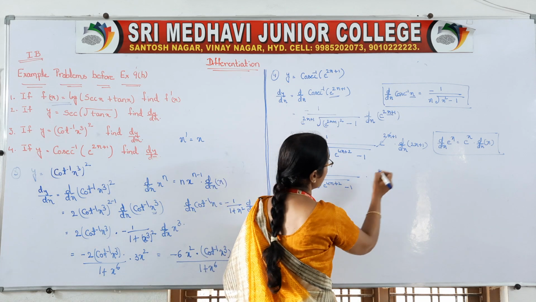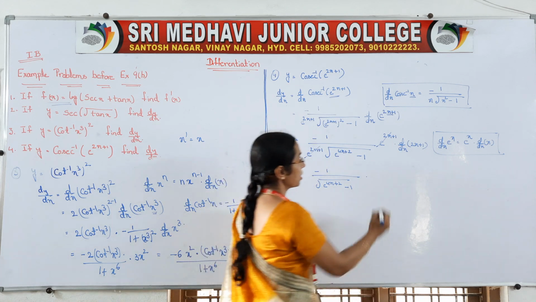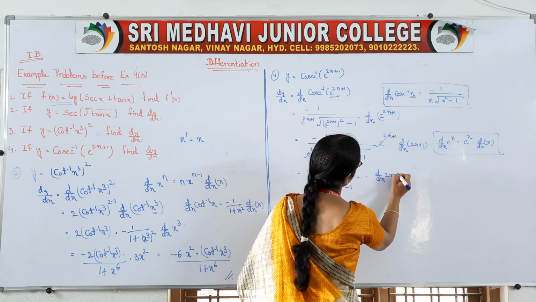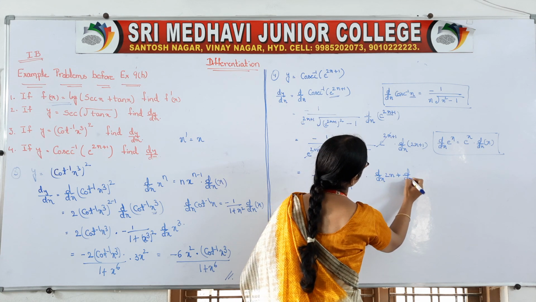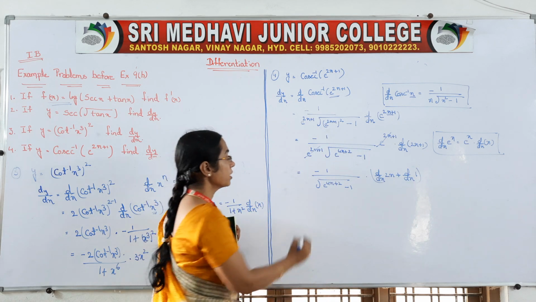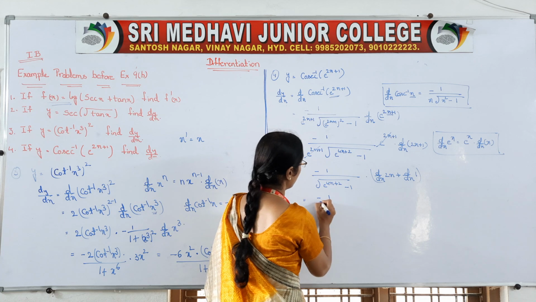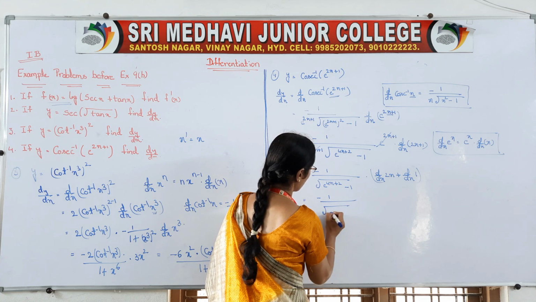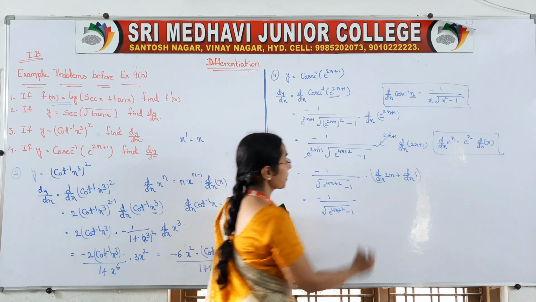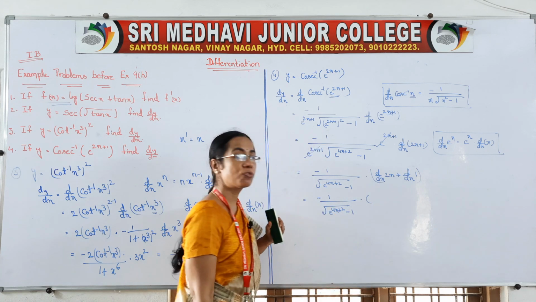Come on, whenever plus minus we have to take separate derivatives. So d by dx of 2x plus d by dx of 1 is the answer. So is equal to minus 1 by root of e to the power of 4x plus 2 minus 1 into d by dx of 2x.